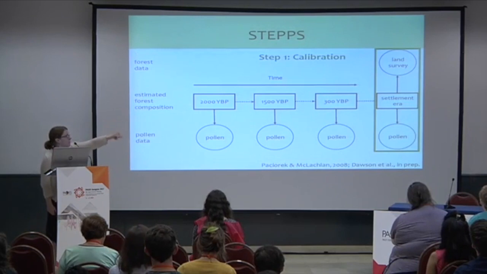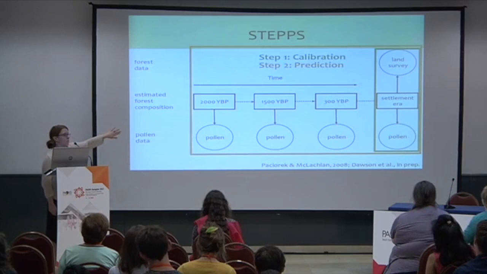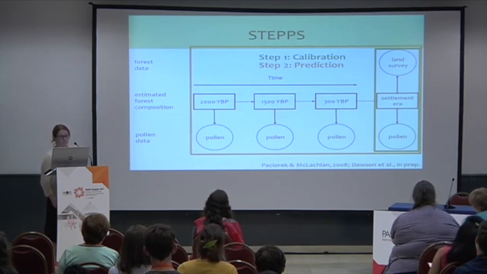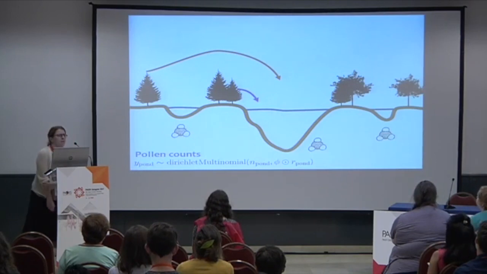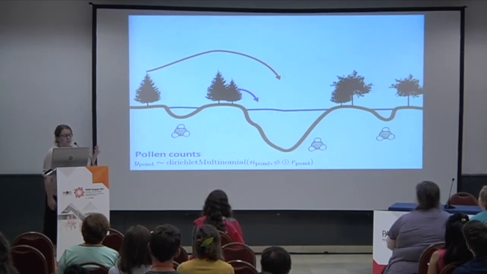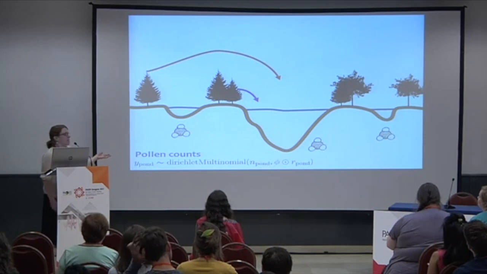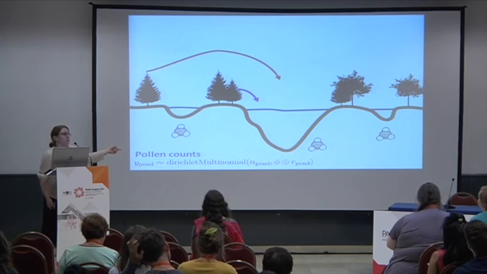We have that land survey data, pollen data, and then for the times for which we only have pollen data, we can go back and estimate that latent vegetation composition. And so I'm not going to talk about the details here, but the model sort of looks like this. So we have some pollen counts that we can model directly, multinomially, as a function of the effective contributing pollen, scaled according to a differential production parameter that we estimate.